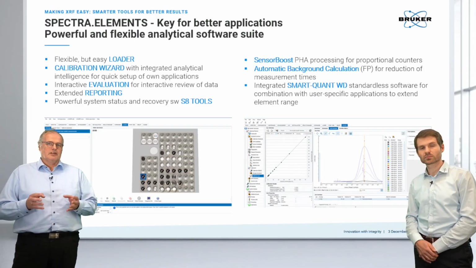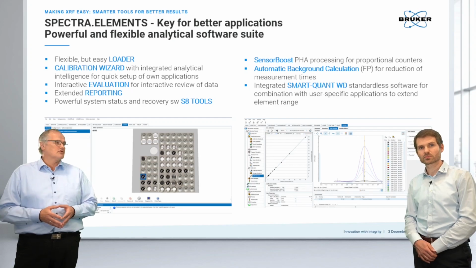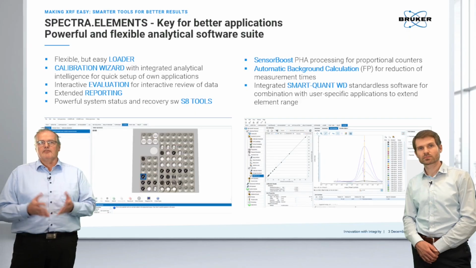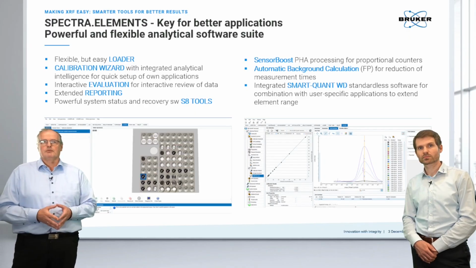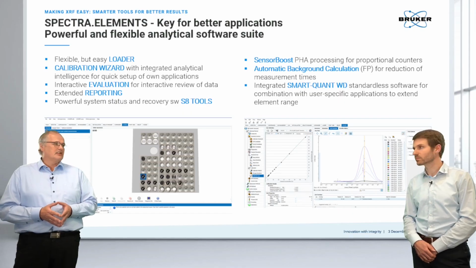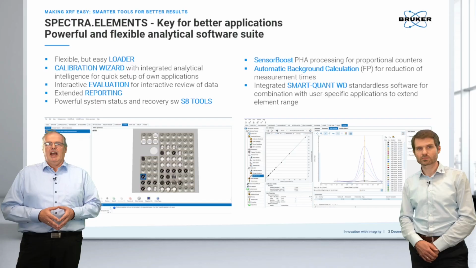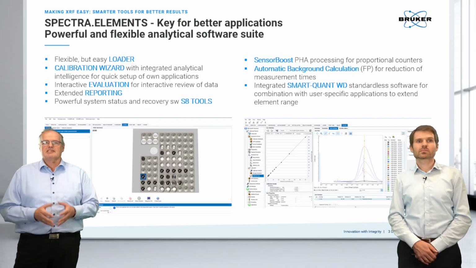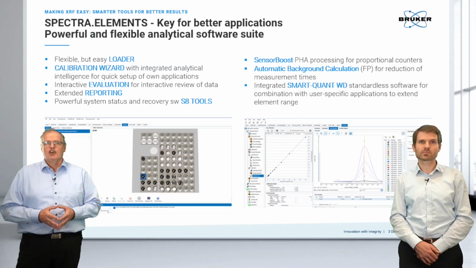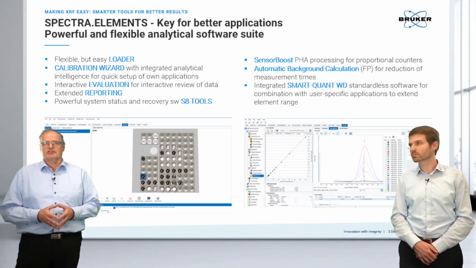One of the things you would recognize when looking at a new instrument is that there is new software around. And also here, of course, we start with a calibration program, the Calibration Wizard. This has already integrated what we call analytical intelligence. Whenever you provide information about your application, this information is processed to provide you with the proposed best optimal measurement conditions.